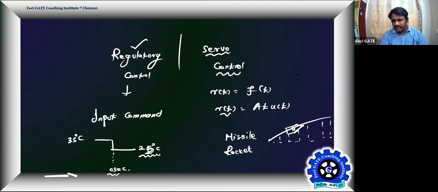It is going to have X, Y, and Z. X position, Y position, Z position all vary with respect to time. So you are controlling the position of the rocket in three-dimensional space, having X, Y, and Z dimensions. All these parameters are changing with respect to time. So such a control, we call it servo control.